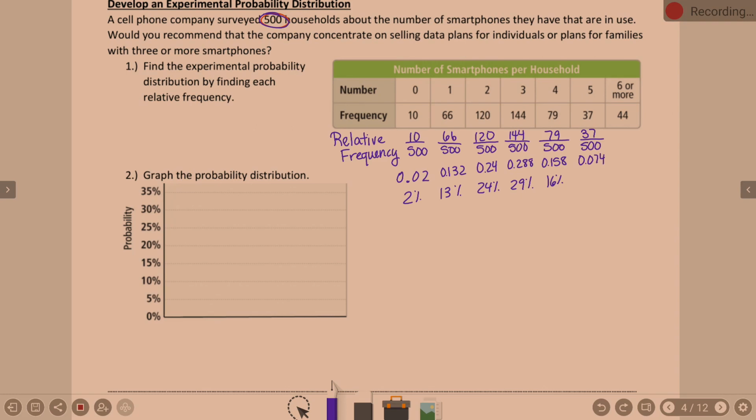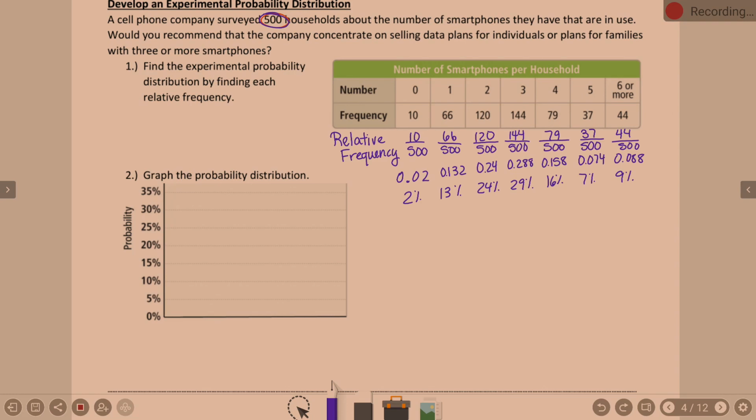I have down 0.074, which is 7%. And finally, 44 smartphones out of 500. That's for 6 or more members of the household, or 6 or more in a household. That is 0.088, which is approximately 9%.